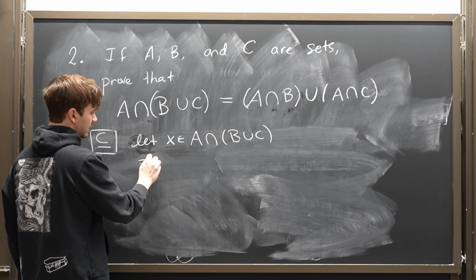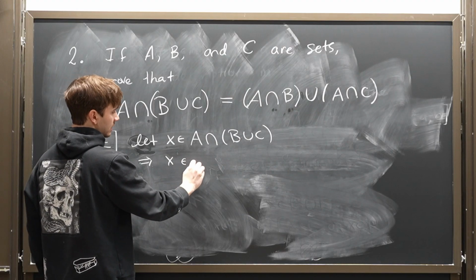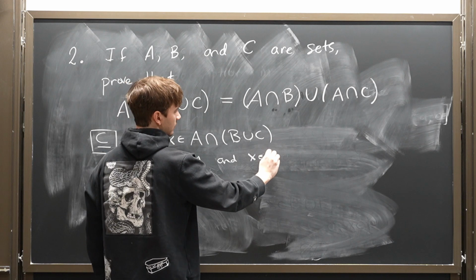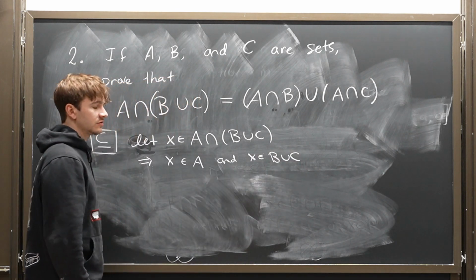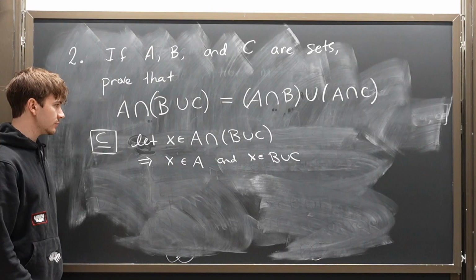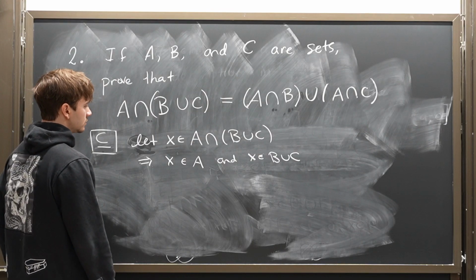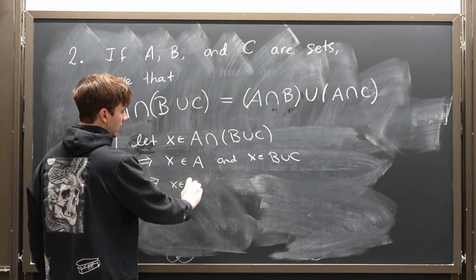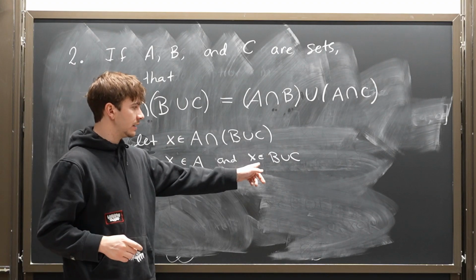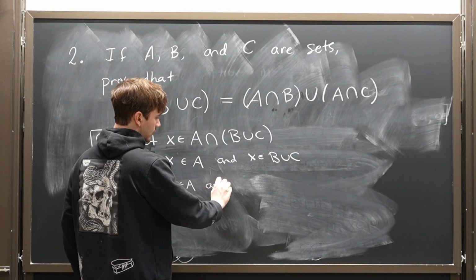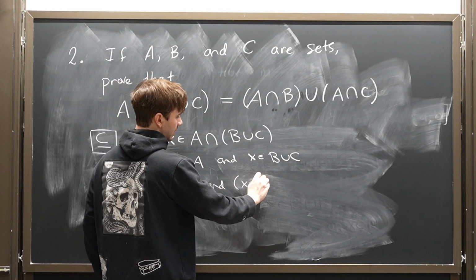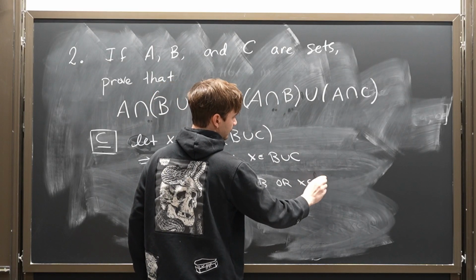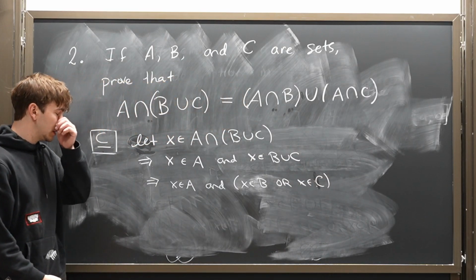So this tells us that x is in A and x is in B union C. That's the definition of the intersection. Okay, so this tells me that x is in A no matter what, and then x is either in B or x is in C. All right?